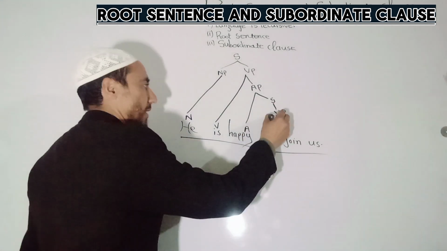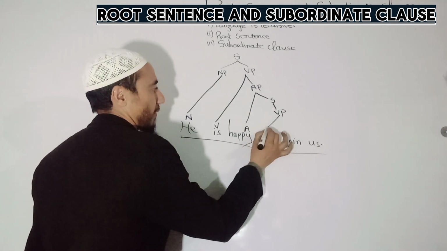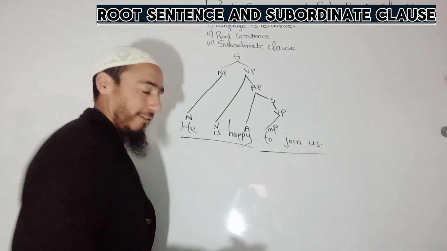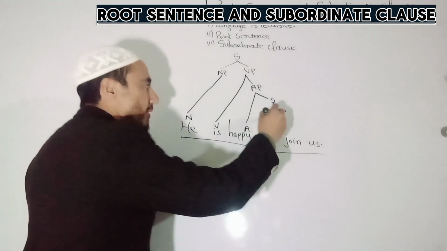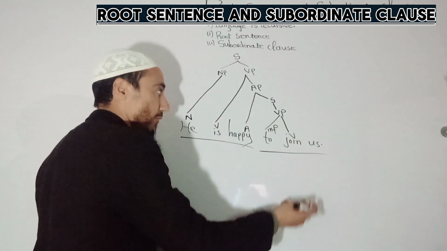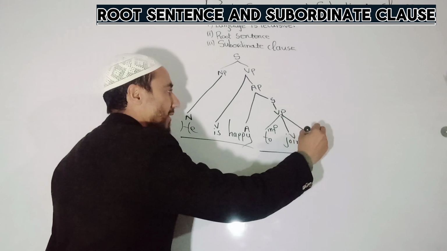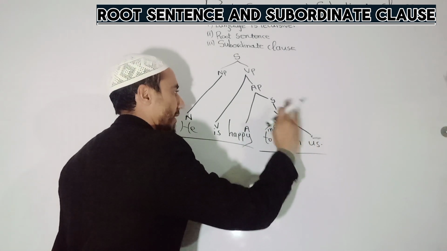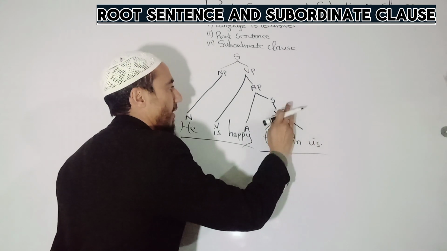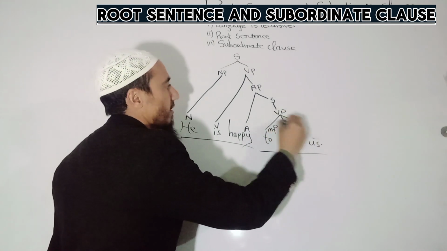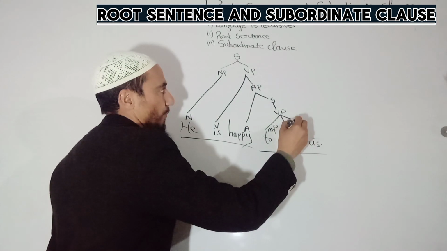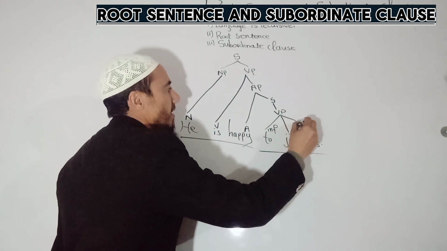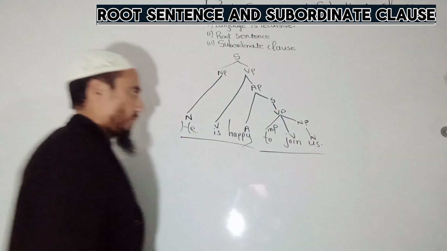Now in VP we have an infinitive phrase. So for infinitive we are writing INF. INF means infinitive. And then we have we, the main verb, and us, that is N. I can take it as a separate form. I can separate it from VP, like NP, and that is N.